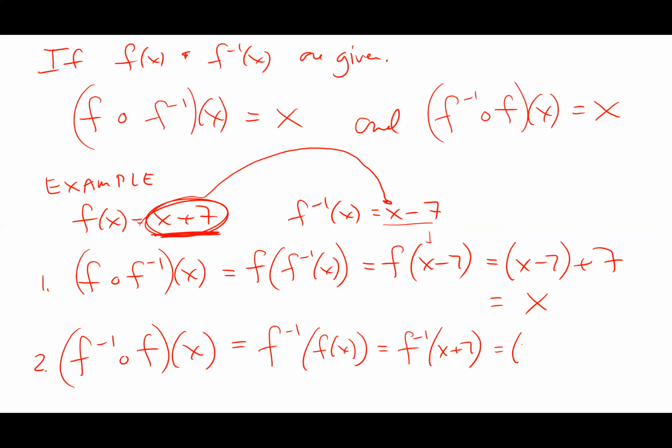So now it's x plus 7. Is that right? Okay, x plus 7 minus 7 this time. And then of course you get x anyways, because again, both functions have undone the work of the other. That's what we got as an inverse function.